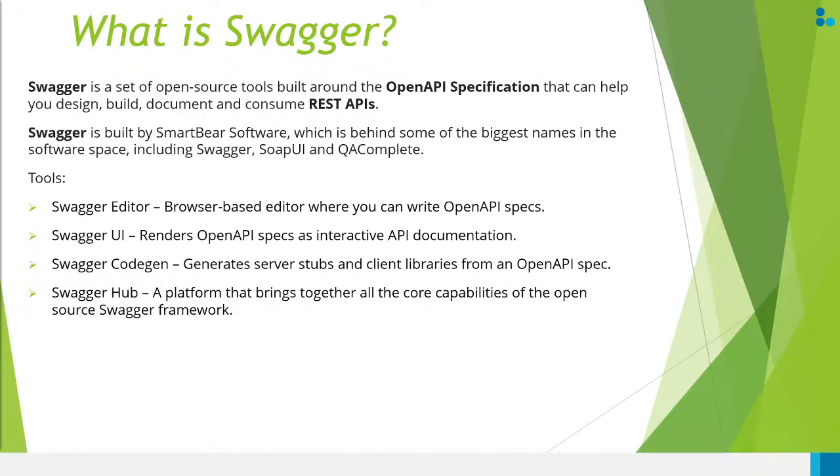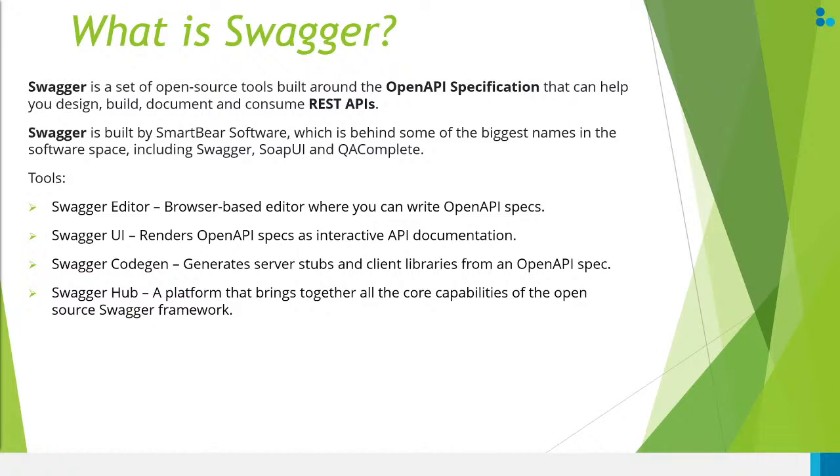Okay, and as I said, Swagger has a very nice toolbox, which we can define like this. We have the Swagger Editor, which is a browser-based editor where you can write OpenAPI specifications. The Swagger UI, which is a cool, powerful tool that renders OpenAPI specifications as interactive API documentation. The Swagger Codegen, which generates server stubs and client libraries for an OpenAPI specification.